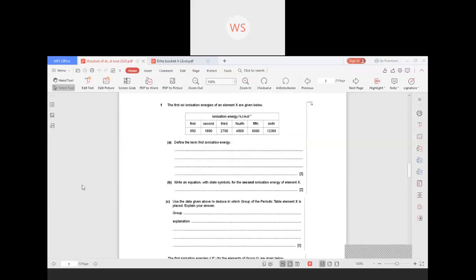Can you tell us what is the method? Is it in group 5? Why is it in group 5? How to do it, Clarabella?